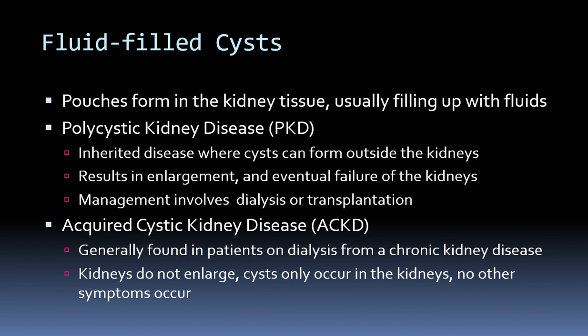Unlike in polycystic disease, under acquired cystic kidney disease, the kidneys will not enlarge and the cysts will only form inside the kidneys, and many times no other symptoms will occur, thus allowing the kidneys to function properly regardless of the presence of those cysts. Now those are just three types of possible issues, diseases, disorders that can happen with the urinary system.